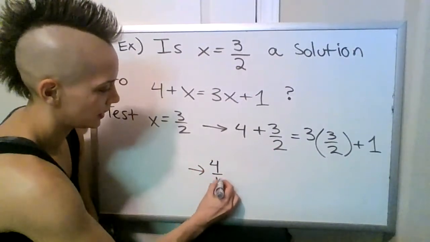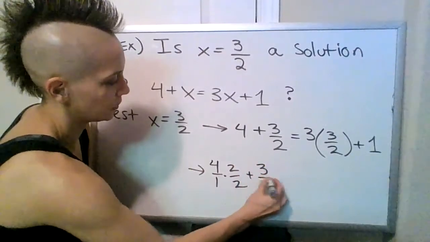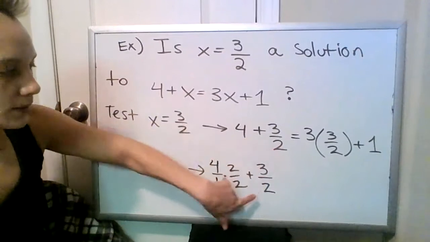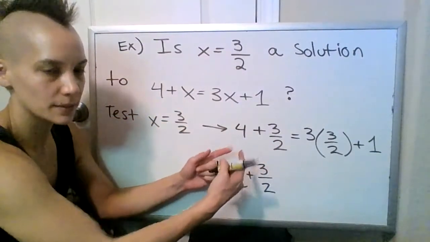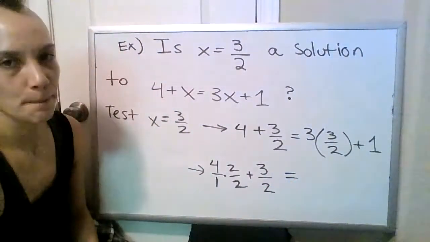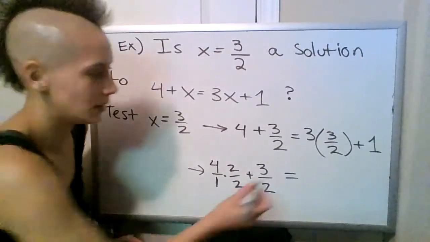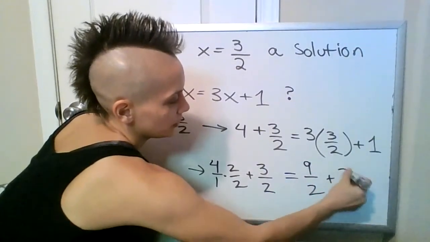4 over 1 times 2 over 2 plus 3 over 2. Okay, so just leave this kind of how it is, but we need to have a common denominator to actually add those together. And on the other side of the equal sign is 9 halves plus 1, which I'm going to rewrite 1 as 2 over 2.